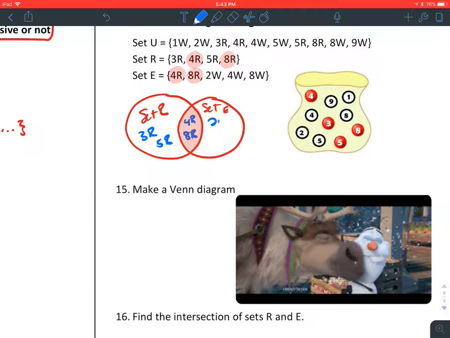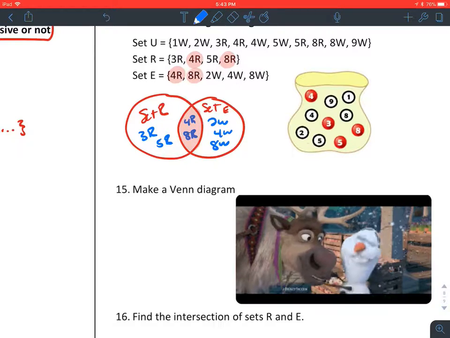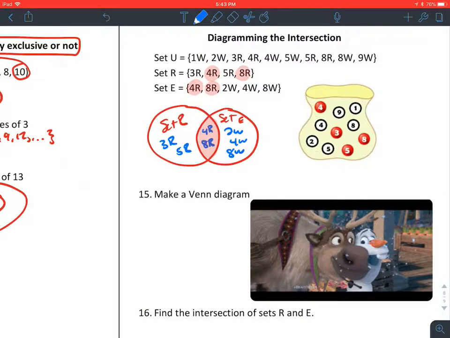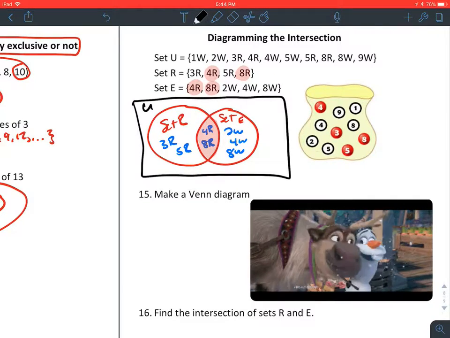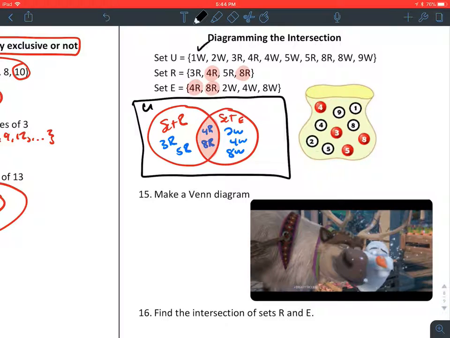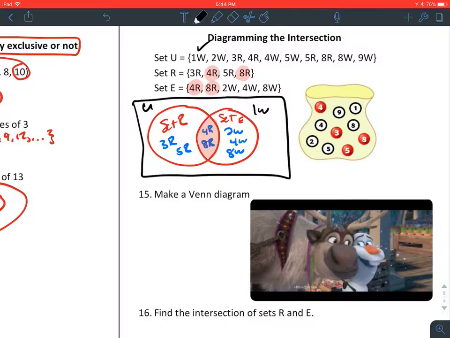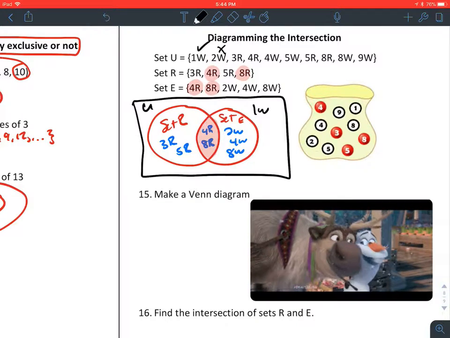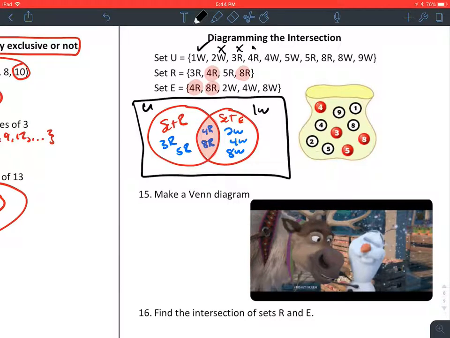Set E also has a 2W, a 4W, and an 8W. Well, this is all part of the universal set in this Venn diagram. Is there anything that hasn't been mentioned yet from the universal set? Like a 1W. That has not been mentioned. 2W has been. 3R has been. 4R has been mentioned.